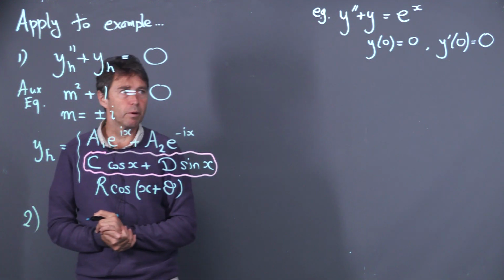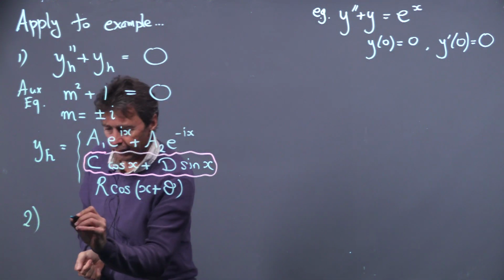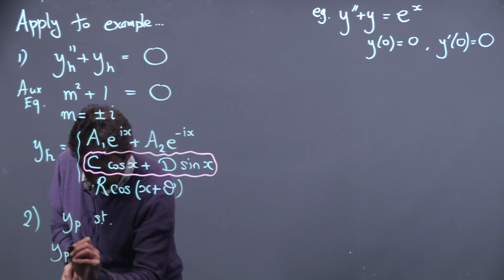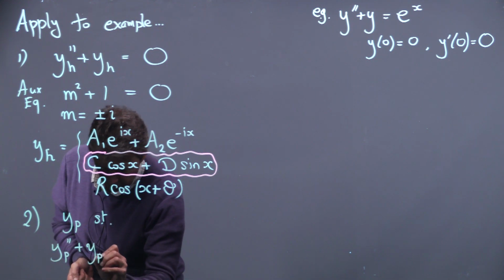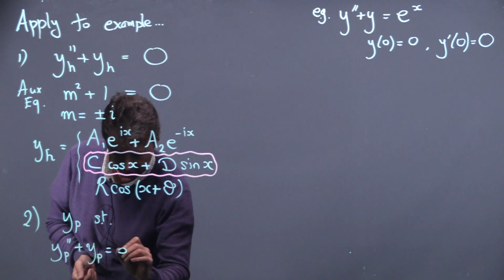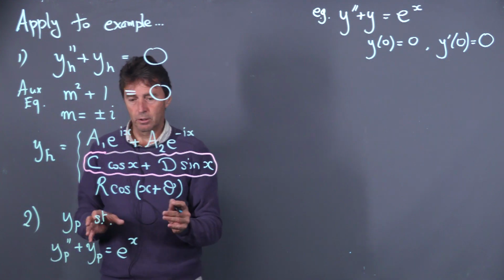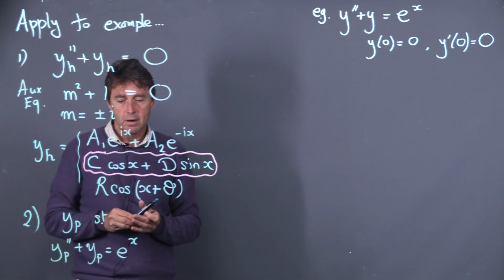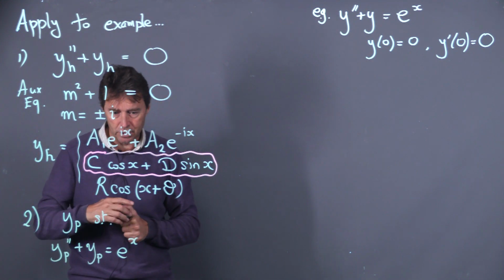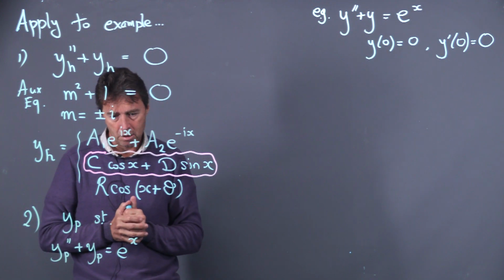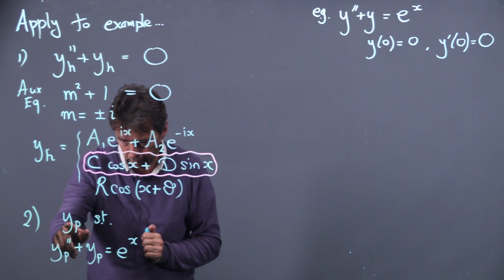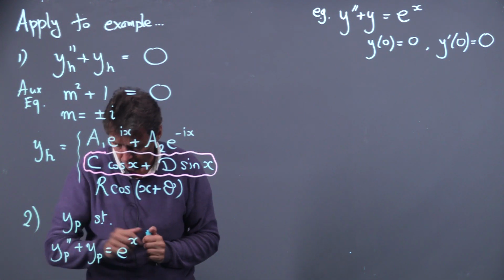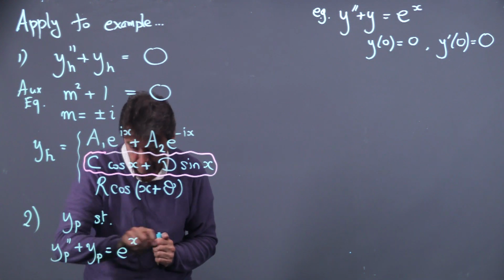Now, this is the hard part, step two. I need a yp such that yp'' + yp = e^x. The way that it works with this educated guesswork, this method of undetermined coefficients, is you just look at what's on the right-hand side. Whatever you put in for yp, when you pop it in there after differentiating, I've got to get that function.